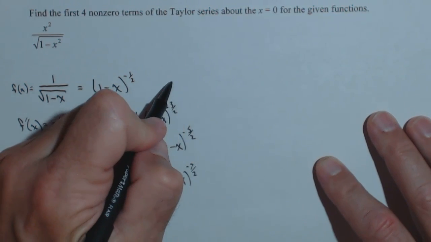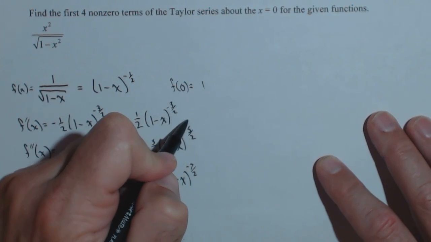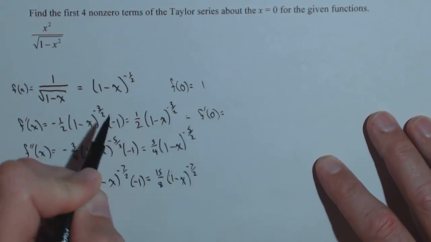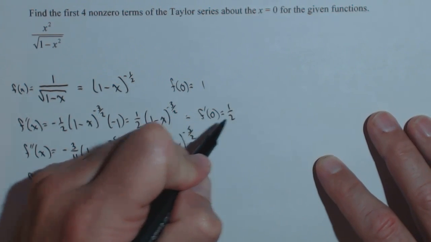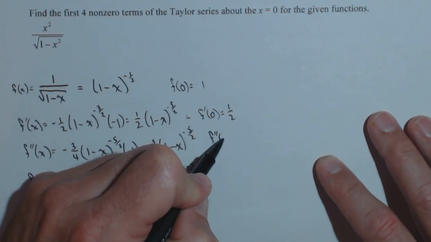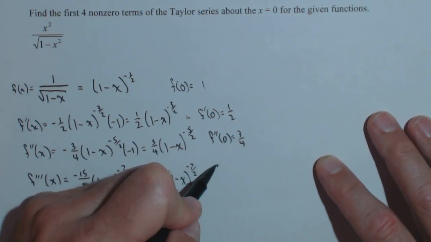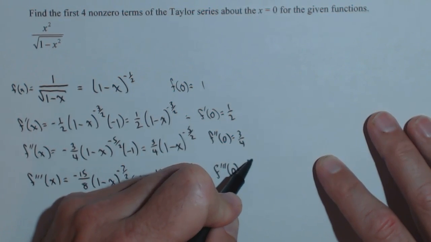Now we're doing all these at 0, which makes life real easy because f of 0 is just 1. For f prime of 0, when you put 0 in, these are all going to be 1, so we actually have our coefficients right there: 1/2, 3/4, and 15/8.